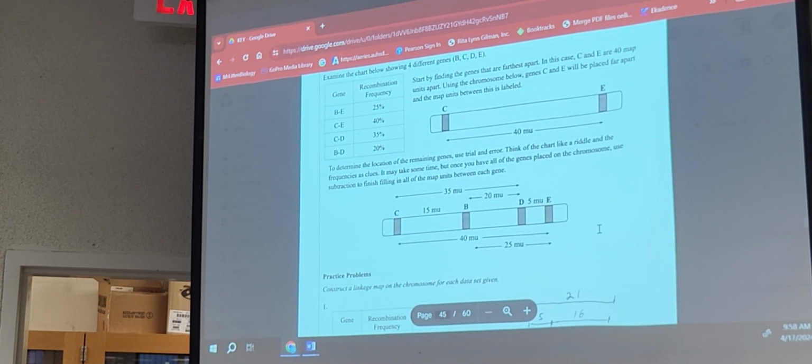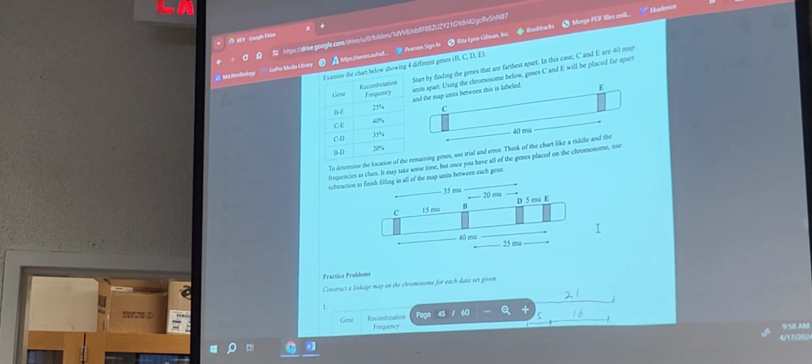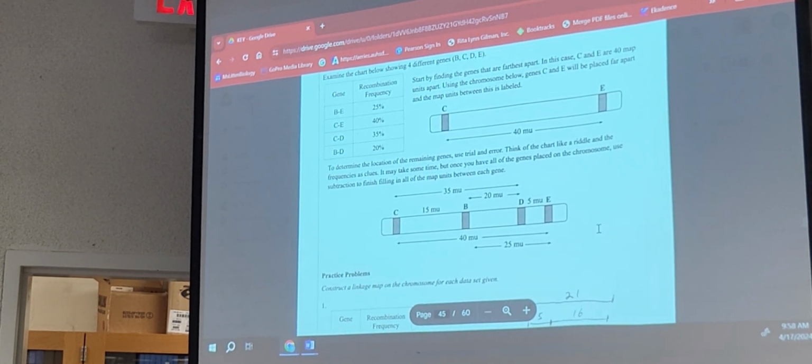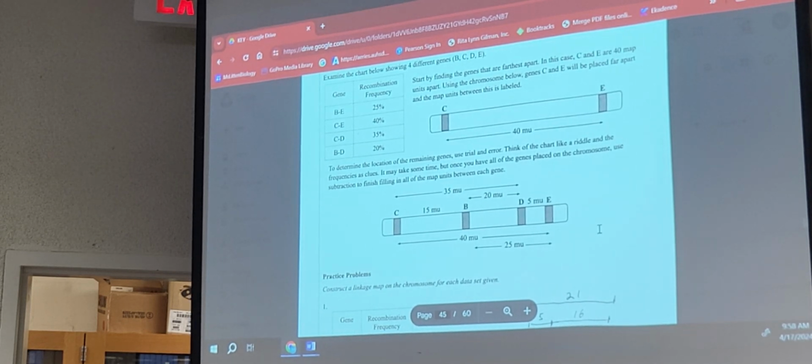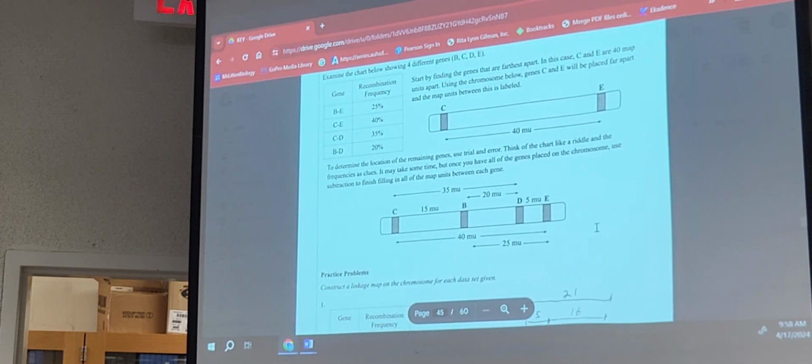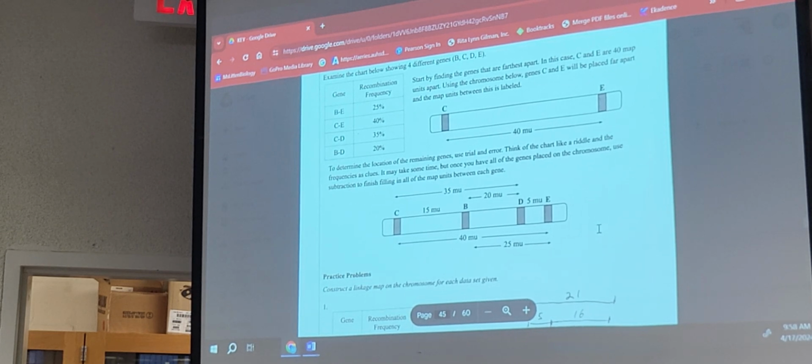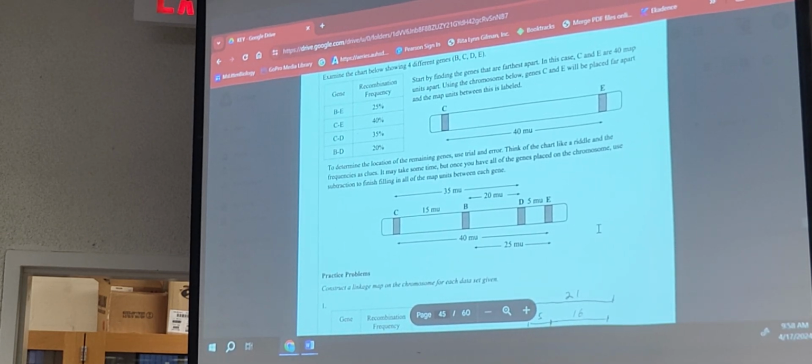Or if we're going B to E, E is here, 25%, it's going to be lower than this 40, right? So if B is here, and this is 25, well then this has to be 15, because this 25 and this 15 equals 40. Does that make sense?